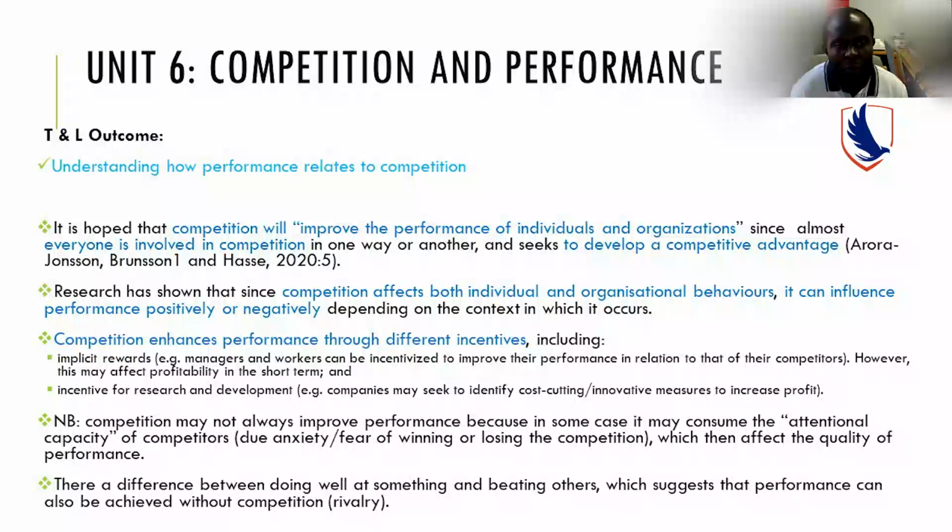And that is because almost everyone is involved in competition in one way or another. And since they are involved in competition, everyone seeks to develop a competitive advantage. And also research has shown that competition affects both individual and organizational behaviors. It can influence performance positively or negatively, depending on the context.